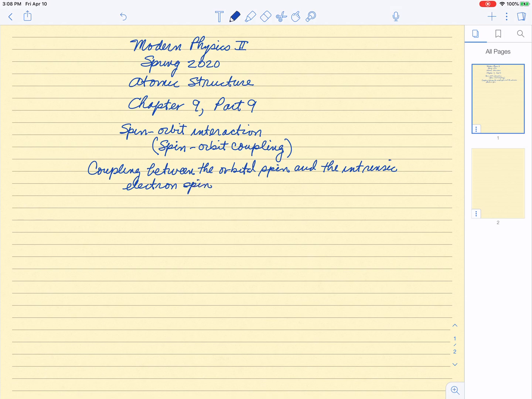Now it's a little complicated how it comes about, and so it only manifests itself when L is not equal to 0.